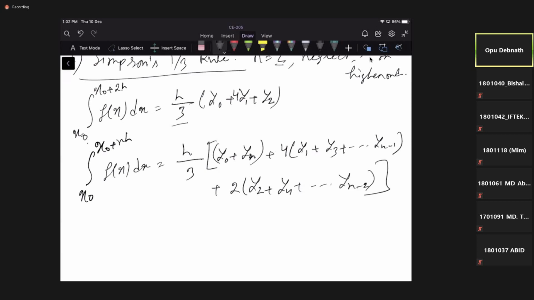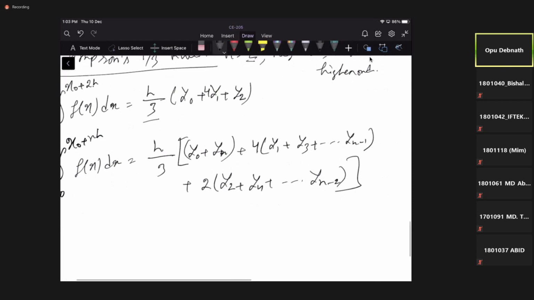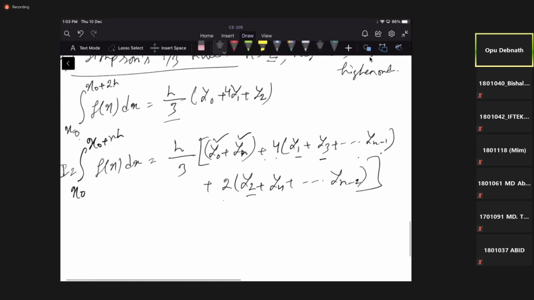So for Simpson's 1/3 rule, the total summation is h by 3, first plus last y values, plus 4 multiplied by odd values y1, y3 and so on, plus 2 multiplied by even values. This equation is Simpson's 1/3 rule.